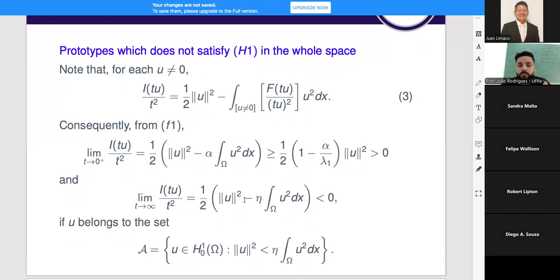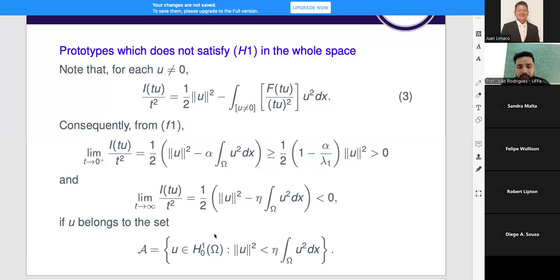in order to provide the geometry of hypothesis H1 in the paper of Zhang and Webb, for some u different from zero, it is important to consider this set A, this open set A, composed by all the functions which verify this inequality here.